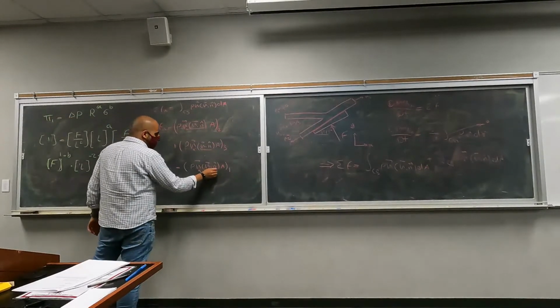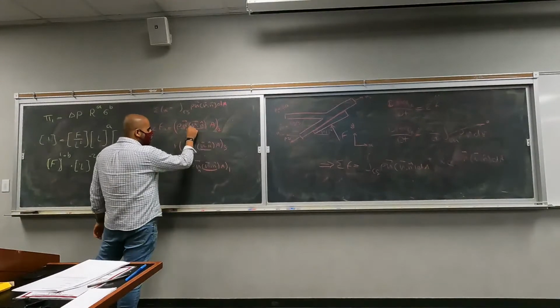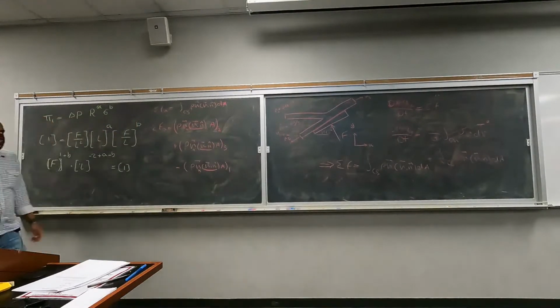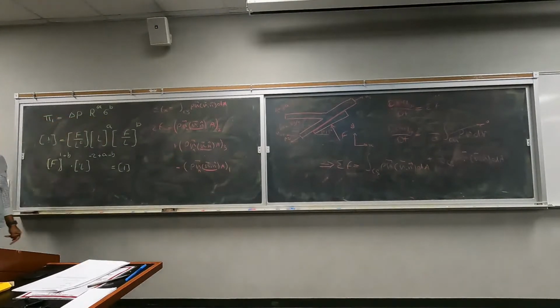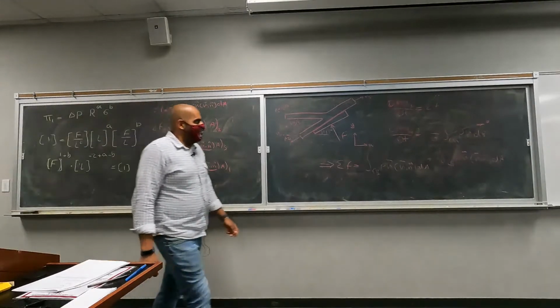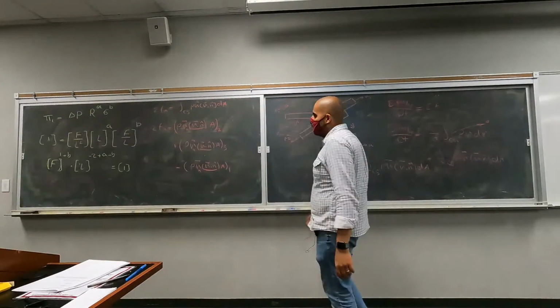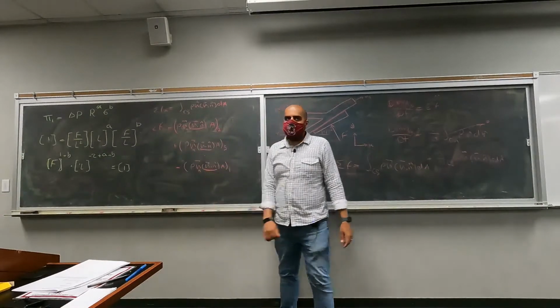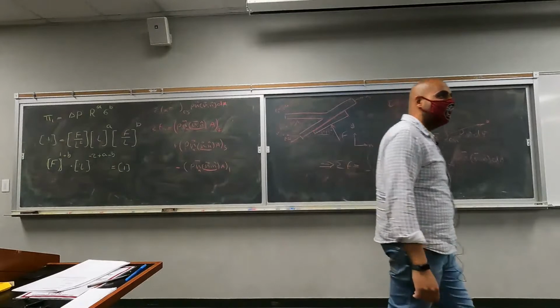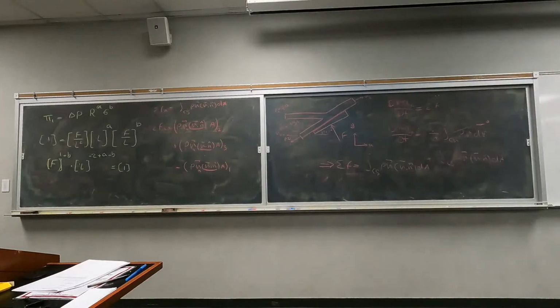What should we do about this v dot n? This part is actually the main reason I wanted to solve this problem, because you hopefully have already done this for your homework. This v dot n tells us that we want the velocity that is normal to your surface.